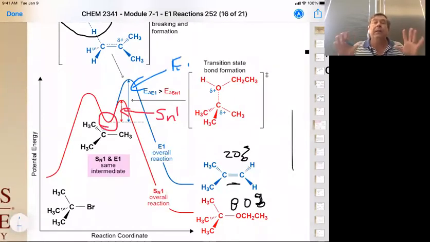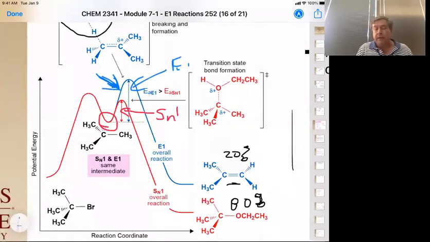Okay, so that means at a lower temperature, very few molecules will go over that higher energy barrier, and we'll predominantly get the SN1 product. However, by increasing the temperature, we'll have more molecules that can overcome this higher energy barrier, and we can increase the amount of our elimination product.